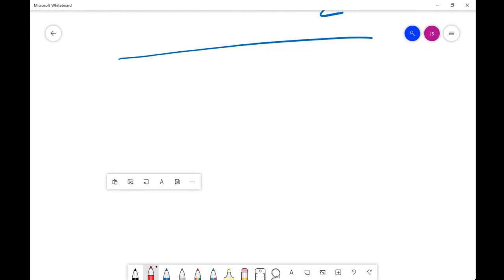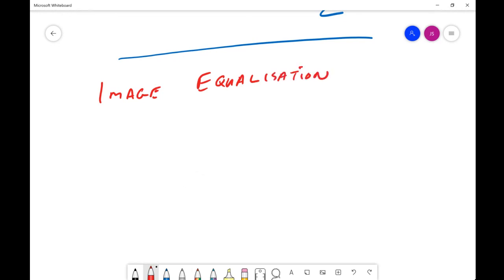And so I want to talk about that pretty well for the rest of this session. Now make sure you understand the difference between image equalization and normalization.